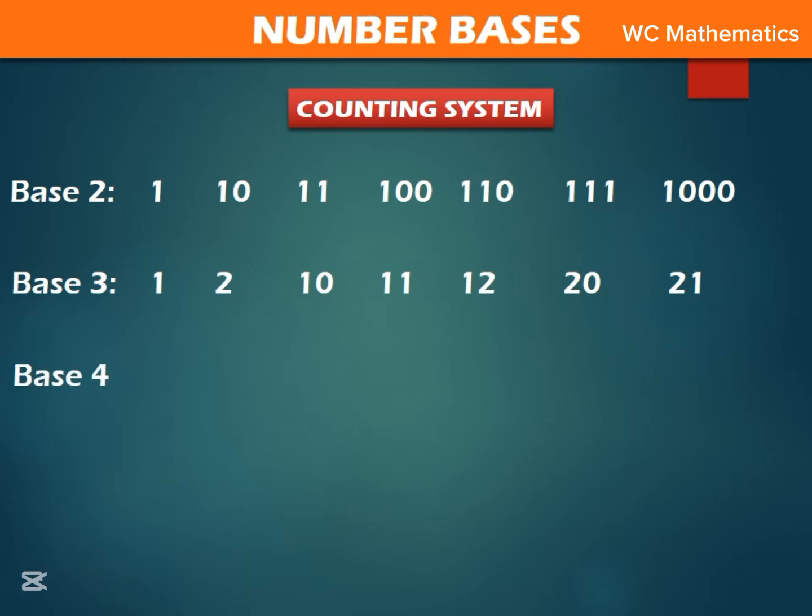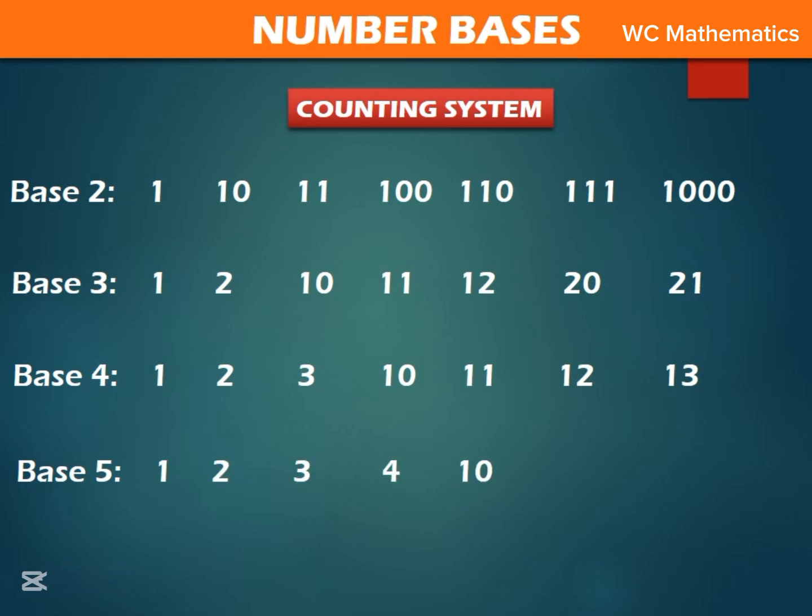So base 4 now will be 1, 2, 3, 10, 11, 12, and 13. No number more than 3 in base 4. Now look at base 5. Base 5 will be 1, 2, 3, 4, 10, 11, and 12.